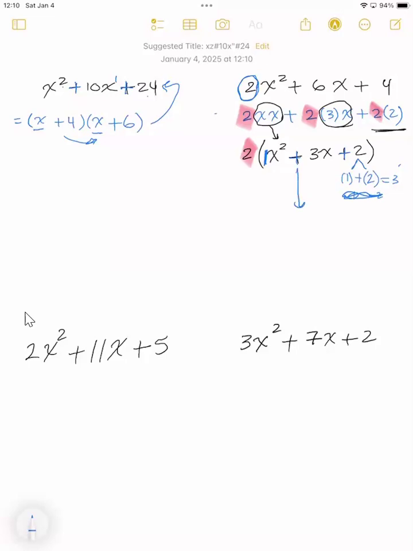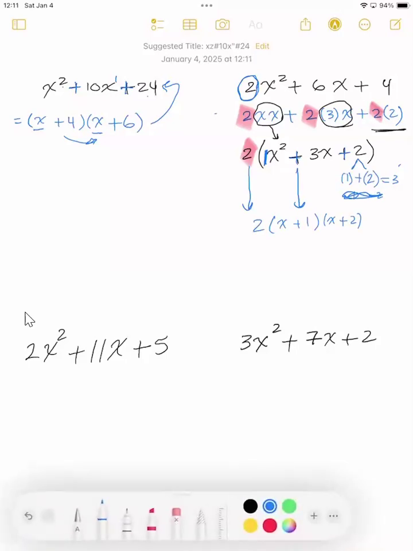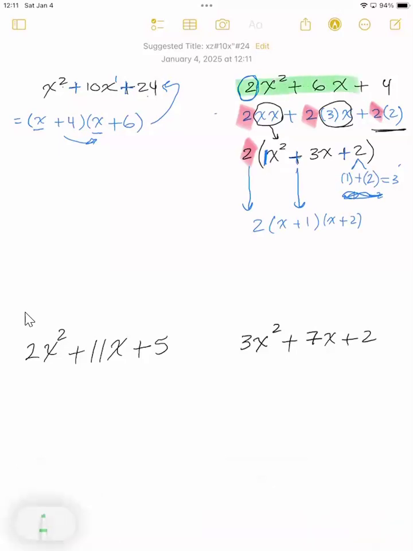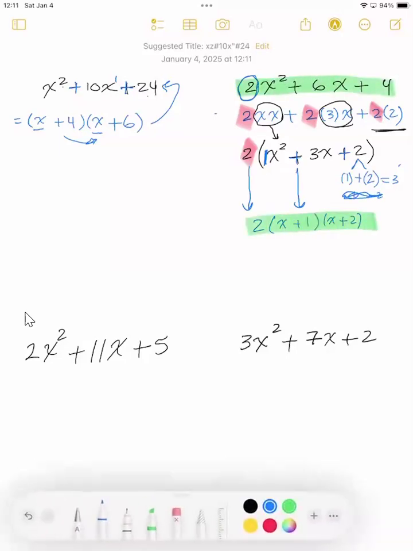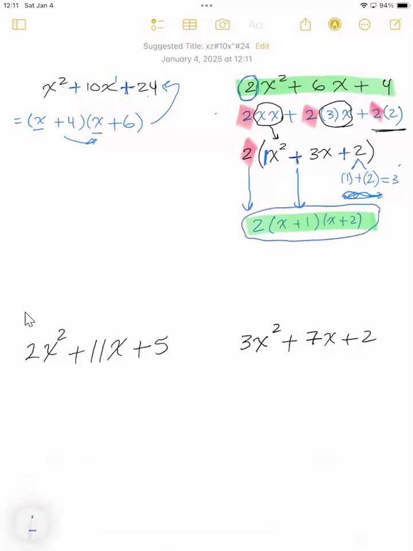So the factors for x squared plus 3x plus 2 is x and x, positive 1 and positive 2. And then we carry the 2. So the factors for this polynomial are right here. They're equal to each other. In other words, if I multiply all the three factors, this is what I would get.